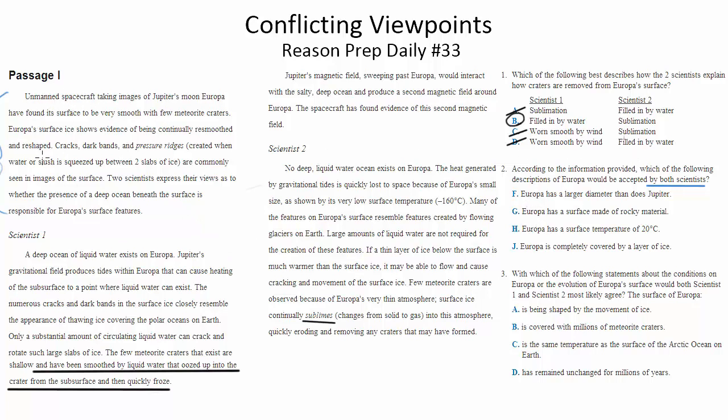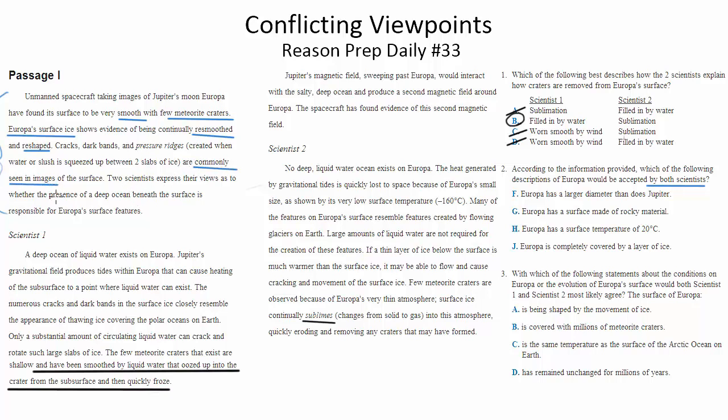And we see in this introductory paragraph that unmanned spacecraft taking images of Jupiter's moon Europa have found its surface to be very smooth with few meteorite craters. Europa's surface ice shows evidence of being continually resmoothed and reshaped. Cracks, dark bands, and pressure ridges created when water or slush is squeezed up between 2 slabs of ice are commonly seen in images of the surface.